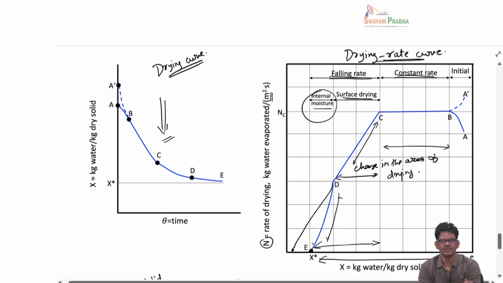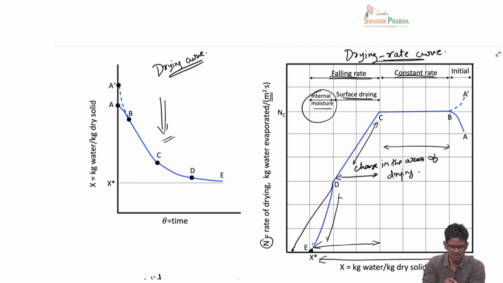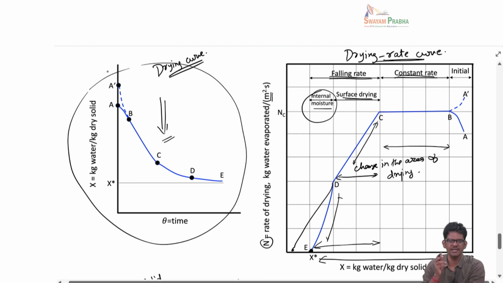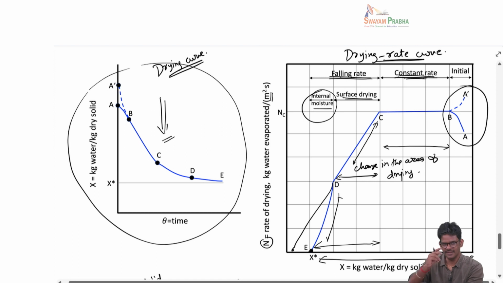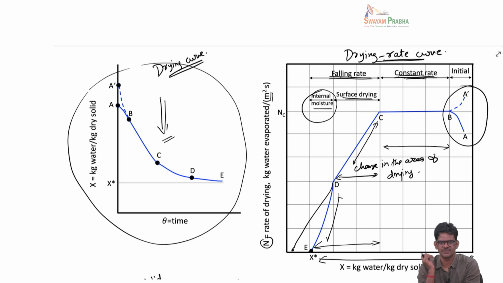Okay. So, if you look at this, we see that the simple looking drying curve here has many physical mechanisms of drying related to constant rate drying and falling rate drying, and within this we have surface drying and internal moisture drying. There is also some small initial part which may or may not be present for different materials. This is called initial transient or initial adjustment, because I said that during the constant rate drying, the liquid temperature takes a constant temperature because of the balance of heat and mass transfer.